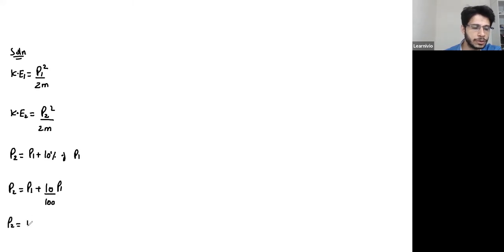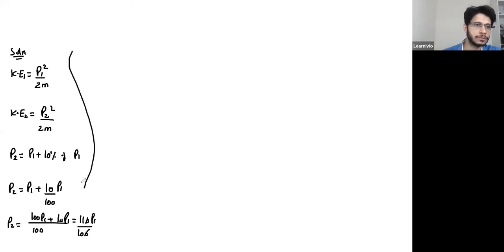The LCM is 100, so this is 100 P1 plus 10 P1, which is 110 P1 by 100. It gets cancelled out. It's P2, which is 1.1 P1. So this is the final momentum, which is 1.1 times the initial momentum.